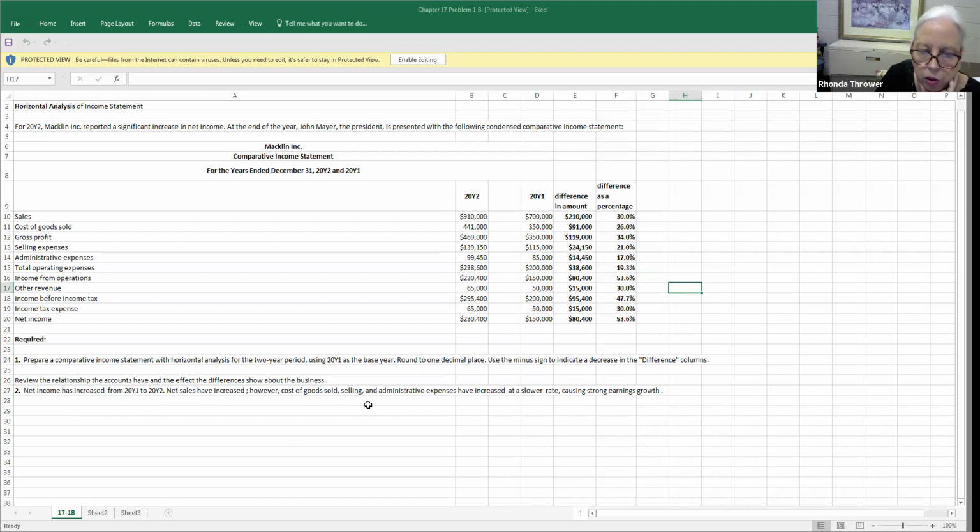However, the cost of goods sold, the selling and administrative expenses have also increased. The expenses have increased, but they have increased at a slower rate, which actually caused the net income to grow. And so that's all I want to talk to you about today.